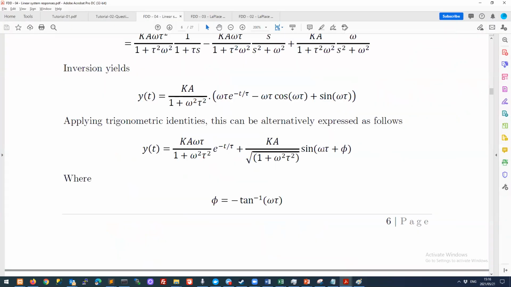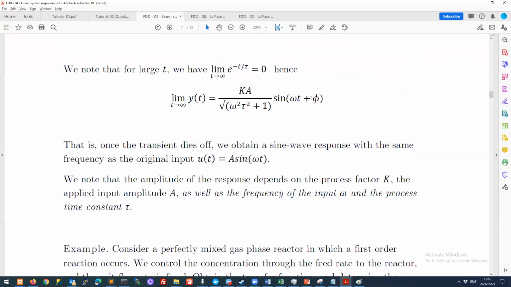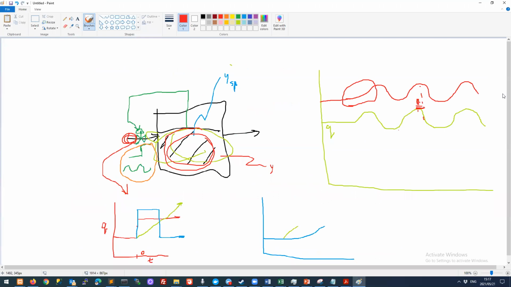So you can work out two important things here. You can work out the delay that the process will have to your input, and you can work out how much that system is going to respond by. So you've applied a certain change here with a certain amplitude.